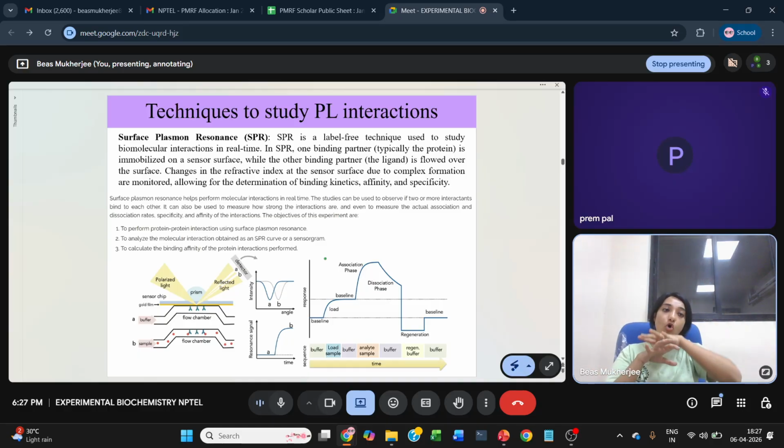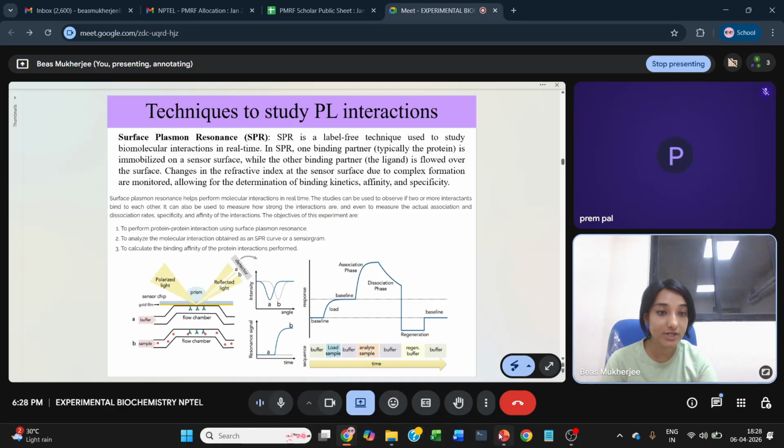Next, all the protein molecules are saturated with the ligands. Even when you flow more ligands across it, it is not binding anymore, and that gives you this saturation. Then there is the dissociation phase, and then once again you have to regenerate and the baseline is reached. So buffer, sample, buffer, analyte, then buffer, and then regeneration buffer, again buffer. That is how it goes.